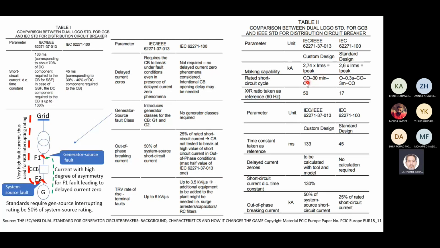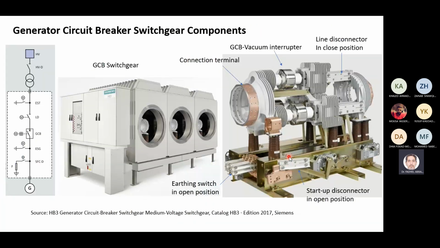For the generator circuit breaker, this is the standard duty cycle, whereas for distribution we could have auto reclosing, that's why we have open 0.3 seconds. Let's take this generator circuit breaker. This is one phase, second, third phase, and now it becomes a switchgear of a circuit breaker.